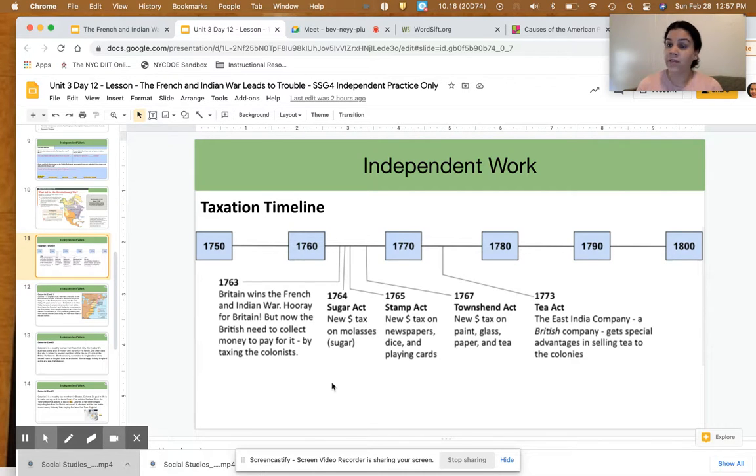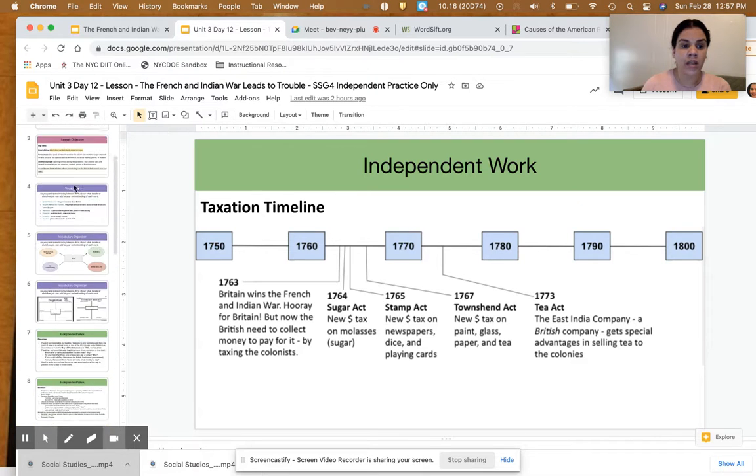And they decided that they could pay off their debt by imposing these taxes on the colonists who were living across the ocean in a different land and had no say in the French and Indian War.